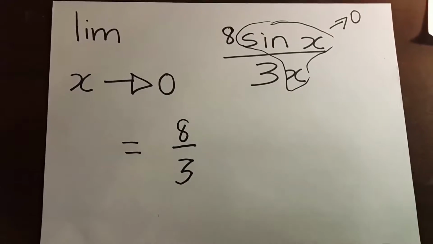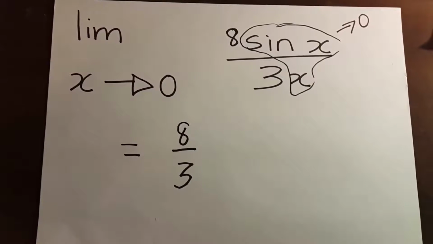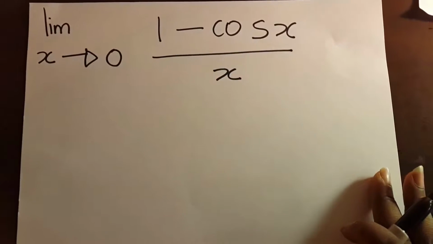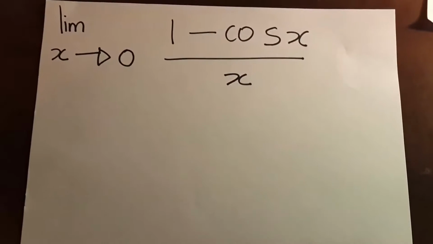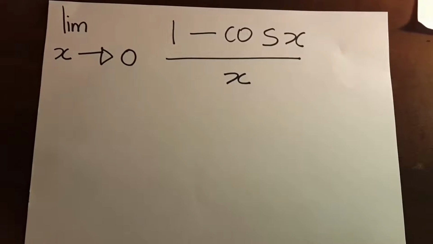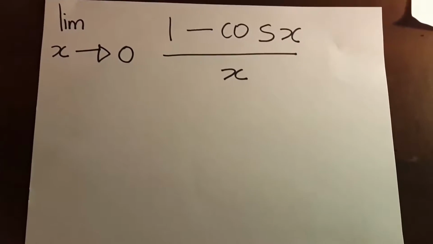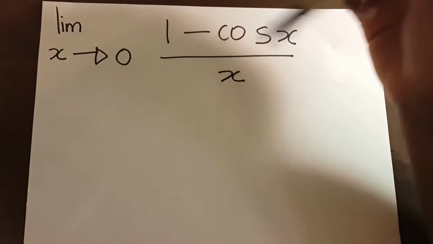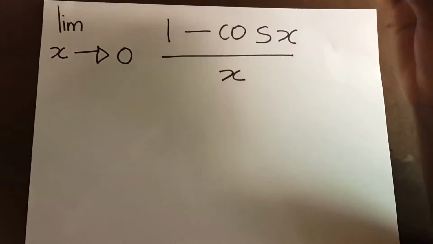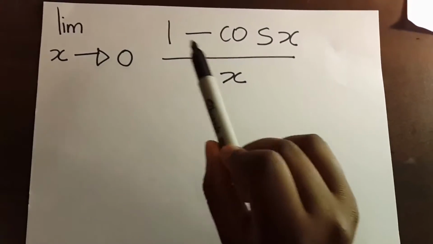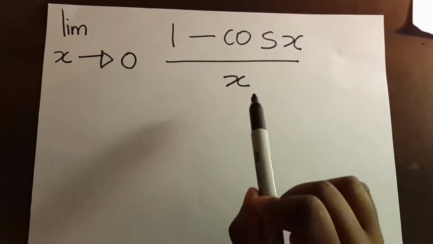Now I'm going to illustrate this more in the second example of this video. You're given the limit as x approaches 0 of 1 minus cos x over x. The first thing you have to recognize is that on top you have two terms, 1 minus cos x, and at the bottom you have x.